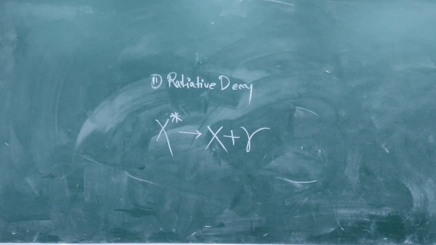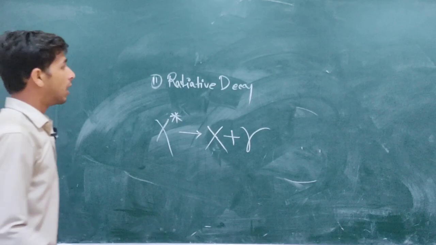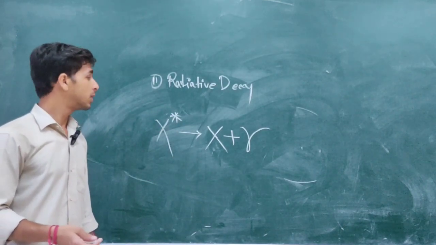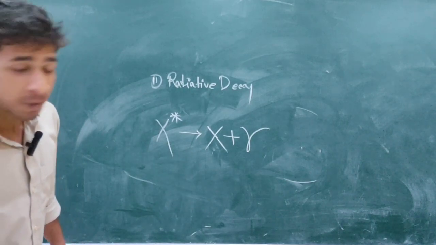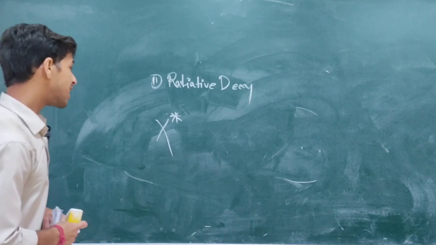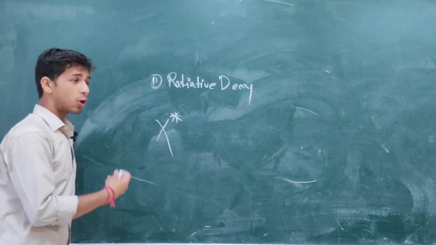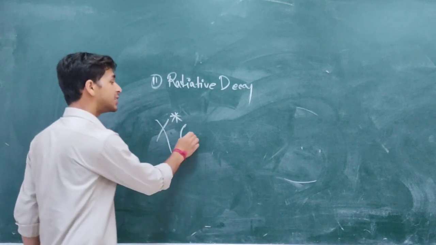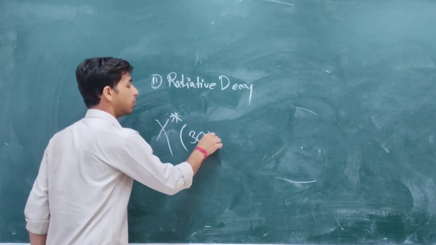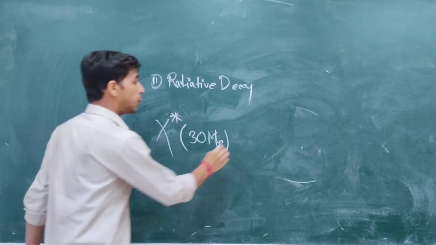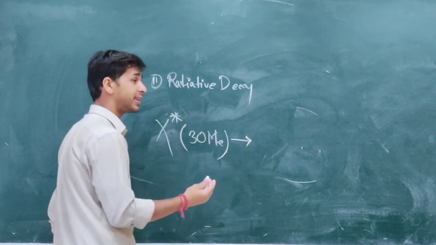Now one simple question may arise: in a nuclear reaction, where will there be radiative decay and where will there be particle decay? To know that, you have to consider the energy of the excited state nucleus or radioactive nucleus. Suppose the excited nucleus has energy 30 mega electron volt. In that case, this nucleus will emit a particle.